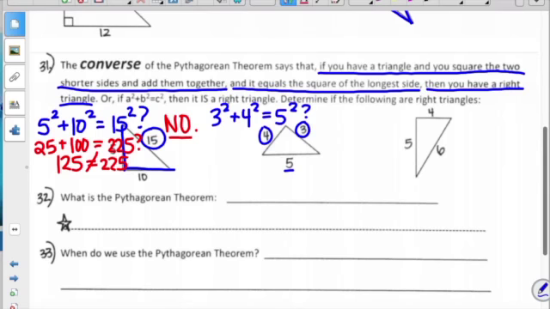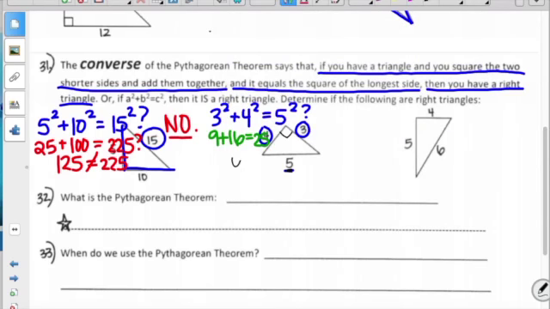Yes, we do. So we do know this is a right triangle because we have 9 plus 16 does in fact equal 5 squared, which is 25. So this is a right triangle, so we're going to add our box in the corner. Okay, remember it's always opposite the hypotenuse. So yes, this is a right triangle.